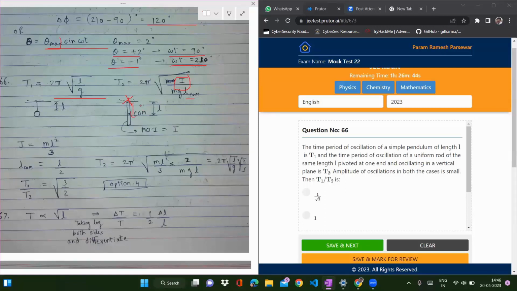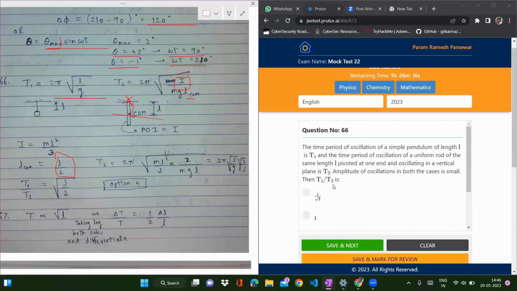The distance will be taken from the hinge point up to the com, that is l_com, which in this case will be L by 2, as the length of the rod is L, and for a uniform rod the center of mass is at the middle point, so it will be L by 2. And so putting these values, T2 comes out to be 2 pi under root L by g multiplied with the factor root 2 by 3.